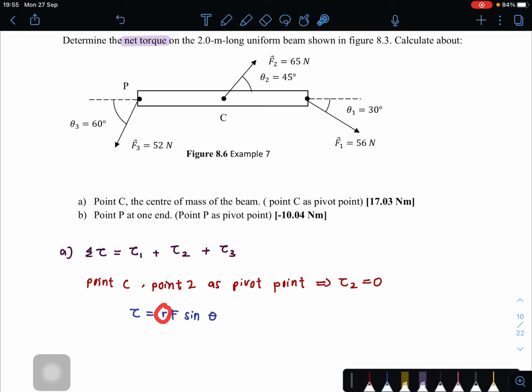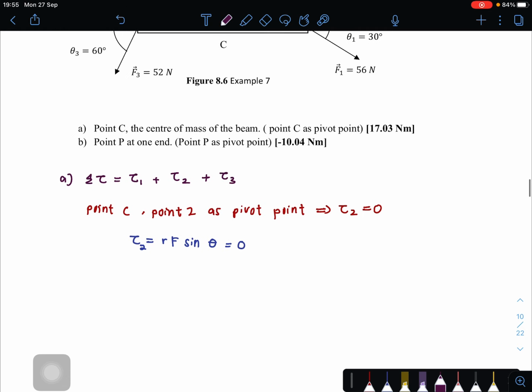So for T2, this one is at the pivot point, so the distance from the pivot point is equal to zero. That's why the torque on the pivot point will always be equal to 0. So just remember, at the pivot point the torque will always be equal to zero.